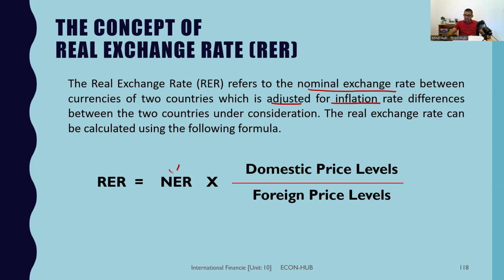The real exchange rate can change if this changes, or if this changes, or if this changes. 1, 2, 3. So how should they change for the real exchange rate to increase? How should they change for it to decrease? I'll give you a simple way to remember this, but a logical way is also there. Logically you can understand.